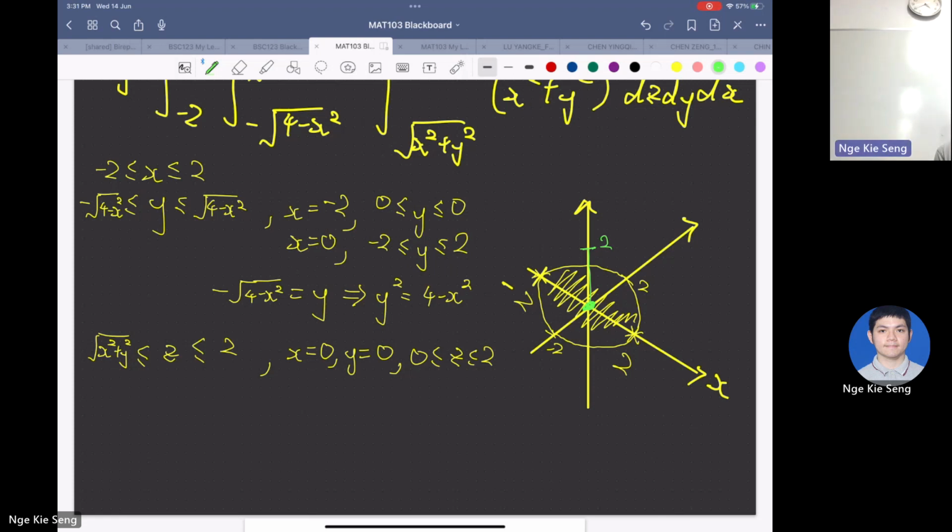Okay. So what about the rest? What other points can we try? These are the X, Y that are allowed in your circle here.